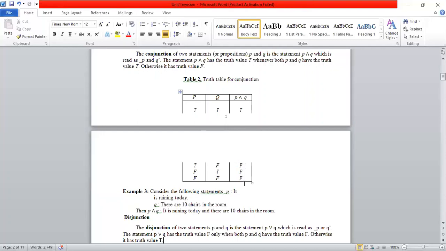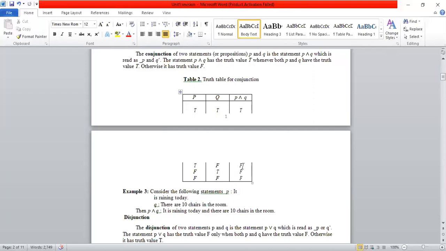Otherwise, it is false. So here statement P has a truth value T and statement Q has a truth value F. So the truth value of P and Q is F. Here F, T: the truth value of P and Q is F. F, F: the truth value of P and Q is F. Whenever P and Q both have truth value true, then only P and Q has truth value true, otherwise false.